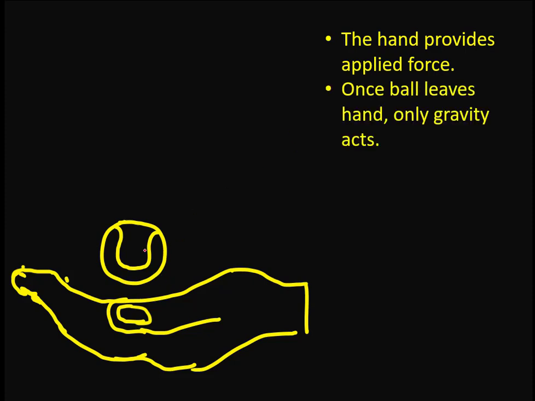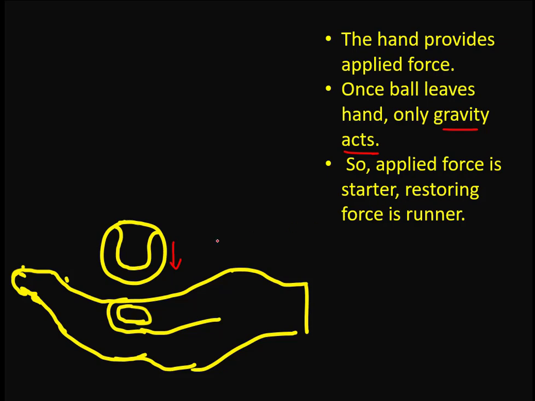What happens next? Once the ball leaves my hand, this ball is no more in contact with my hand. I have applied the force, it has left my hand, and in that situation, the only force acting on the ball is the gravitational force acting in the downward direction. And so the applied force is the starter, it starts off everything, it starts the motion.